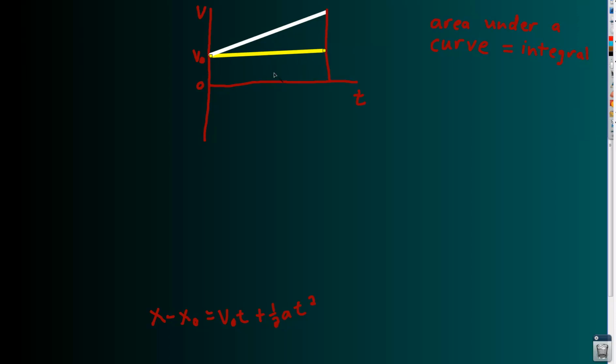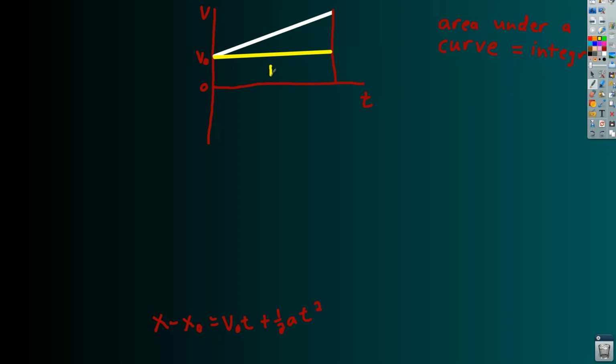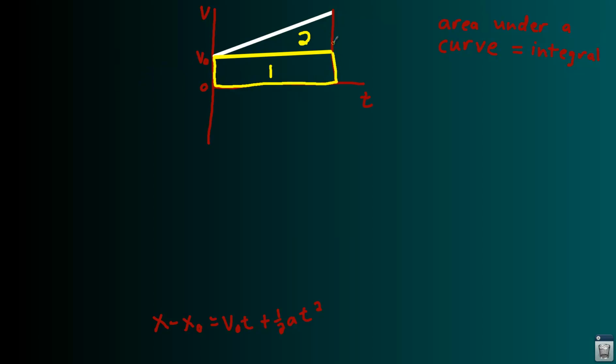So here we've got piece of the graph 1 and piece of the graph 2. Piece 1 is a rectangle, right? Piece 2 is a triangle.